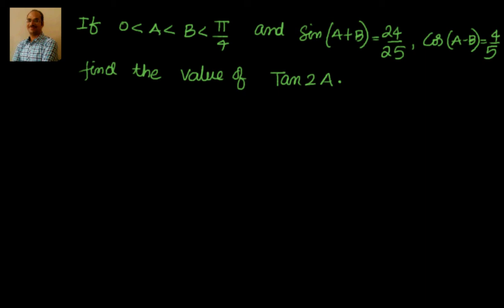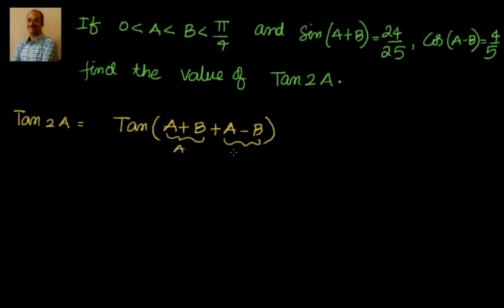Okay? But what I will do, because I have been given values of only a plus b and a minus b, I will say that tan 2a is nothing but equal to tan of (a plus b plus a minus b). You're okay with that, right? Because b cancels out, it's nothing but 2a. Now I can take this as my a and this as my b.